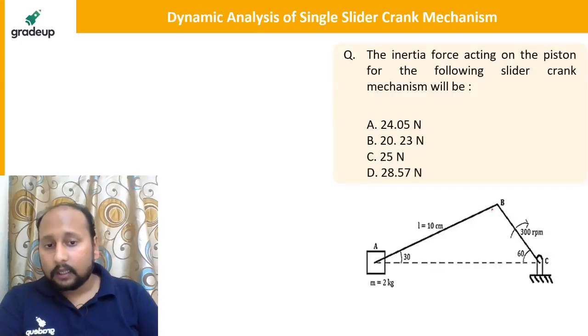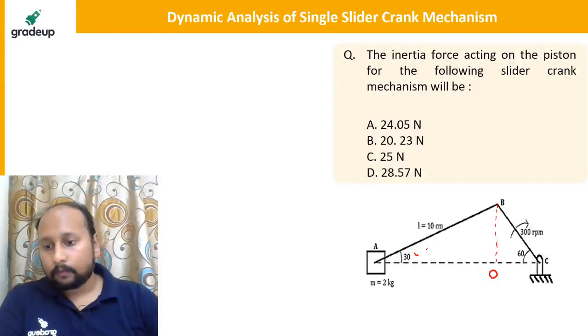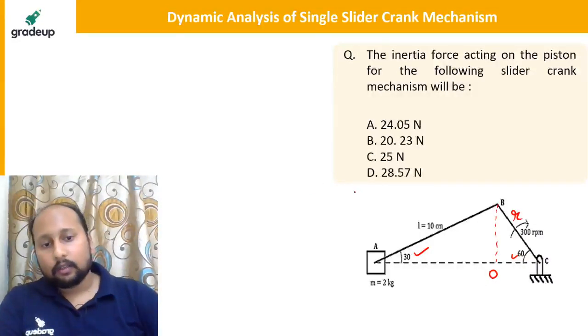Let me extend this. So I got one answer from Vikas, and it is absolutely correct. Very good. Option A, Vikas Agarwal. Let us take this as point O. You can calculate by using these angles 30 and 60. Let us suppose this is R. Okay, so what will be OB? OB will be L sin 30.